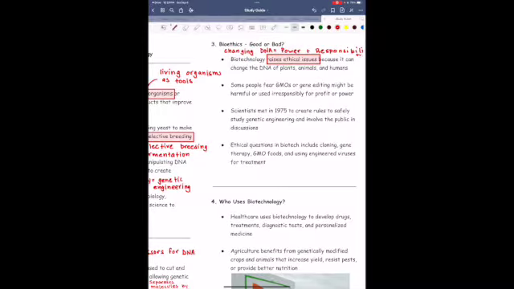That's right, responsibility. Remember, people fear genetically modified organisms, or GMOs, because they believe those products may be harmful to their health.